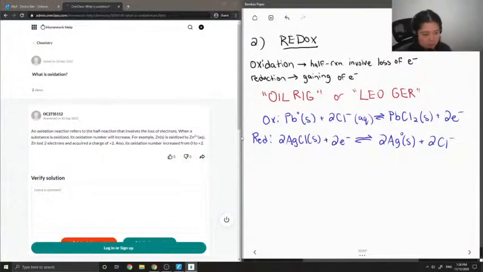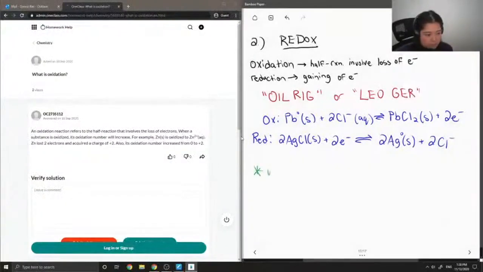So here, again, you'll see that the silver, when it's bonded with 1 chlorine, has an oxidation number of plus 1, and its oxidation number decreases to 0. So this is an example of a reduction reaction.